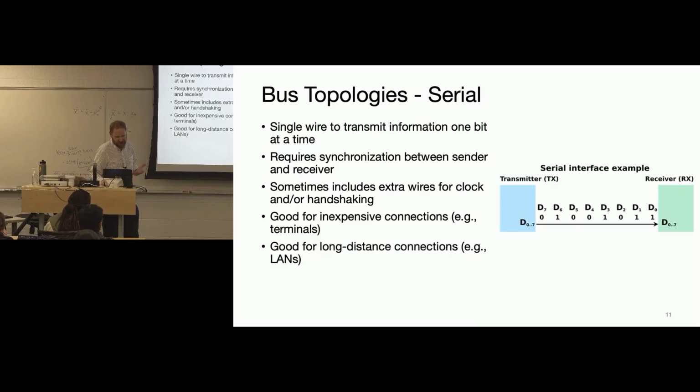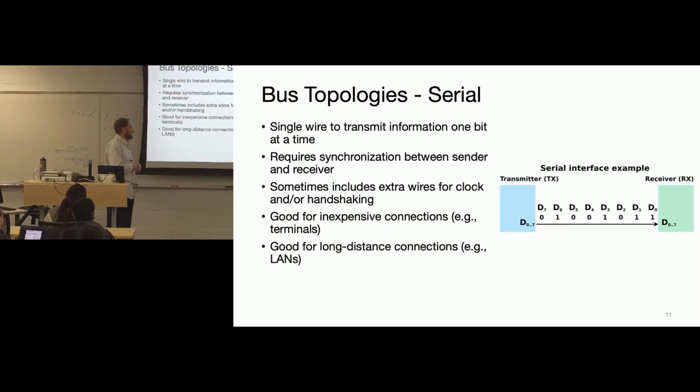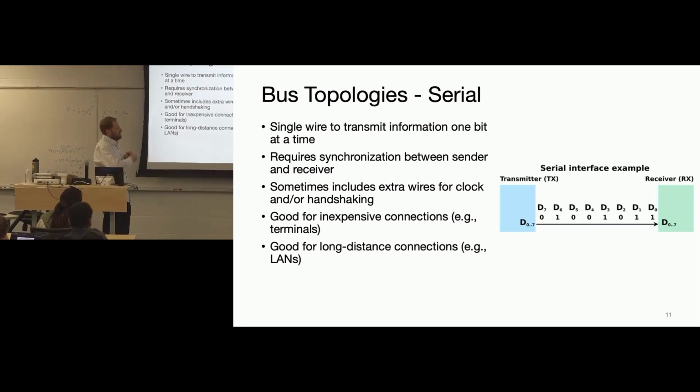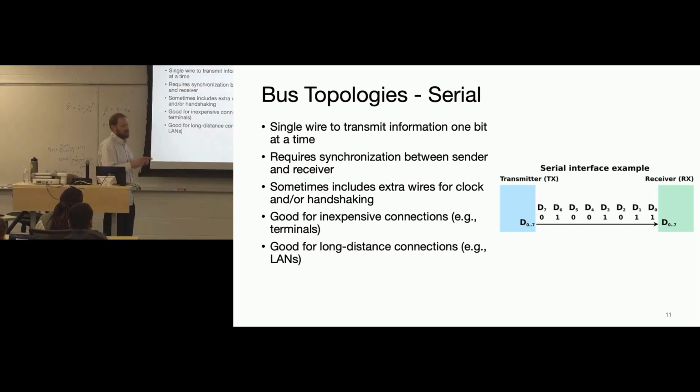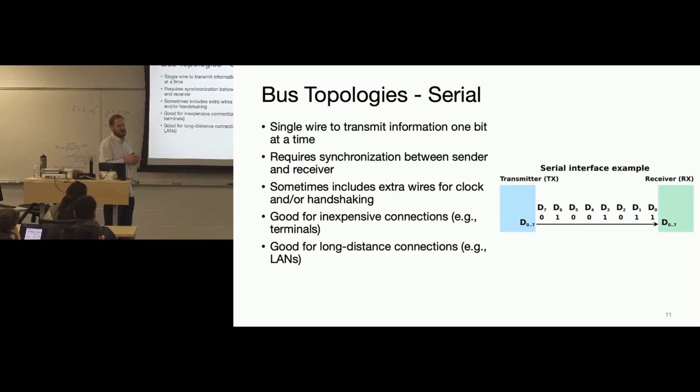It's inexpensive for communications and typically good for long distance communication, right? Take Ethernet as an example of a serial interface, even though there are multiple wires. All those wires at any one point are carrying 1 bit at a time, so they're using positive and negative versions of the signal so that they can have a better signal to noise ratio. You don't really have long distance parallel buses.